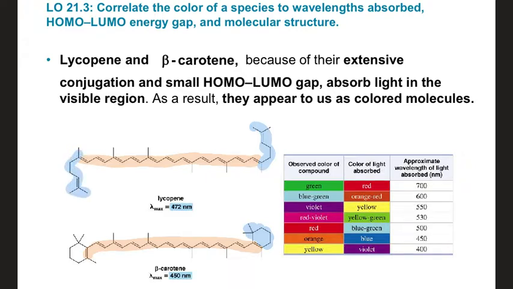And so lycopene is going to be the red color, and the beta-carotene is going to be orange. In other words, you see lycopene absorbs a higher lambda max because there's this extra double bond that is not in conjugation, and they each have these methyl groups sticking off.